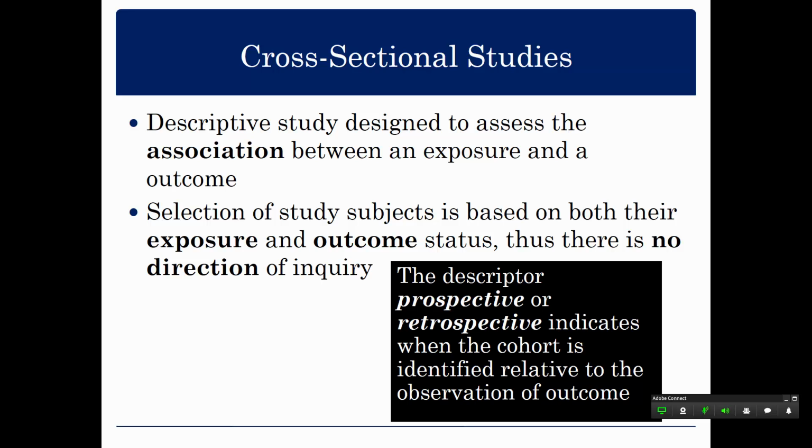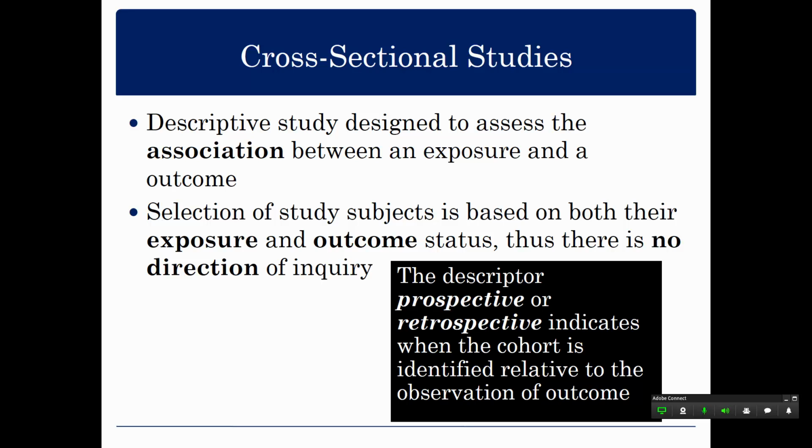So if it's a prospective study, I'm identifying my cohort or my study subjects, my population at the beginning, and I'm observing them through the future. So it's prospective observation. Retrospective means all of the data has been collected in the past.